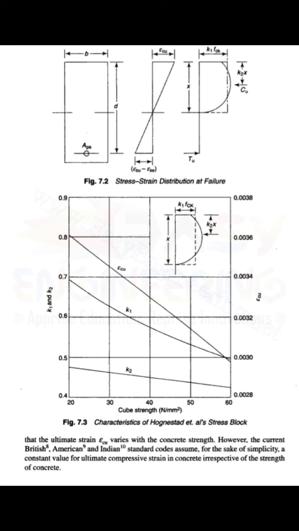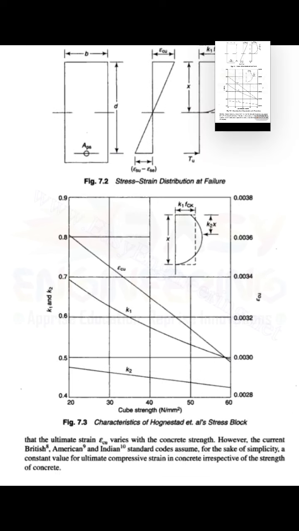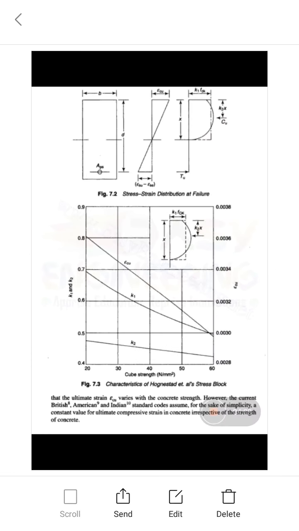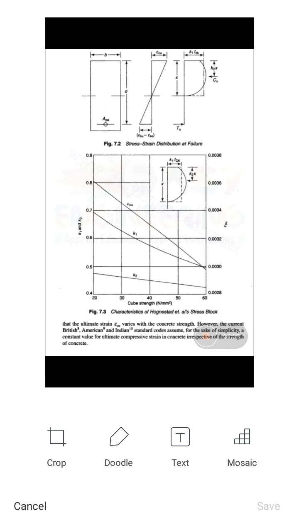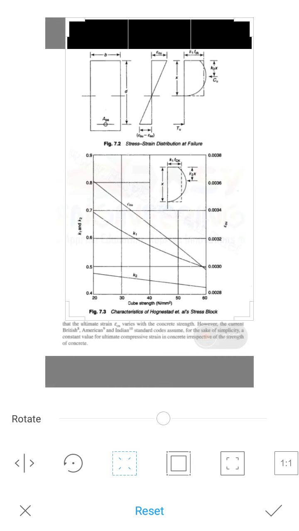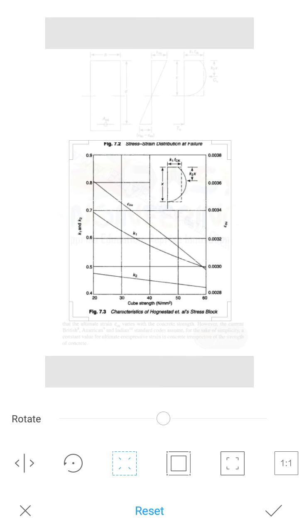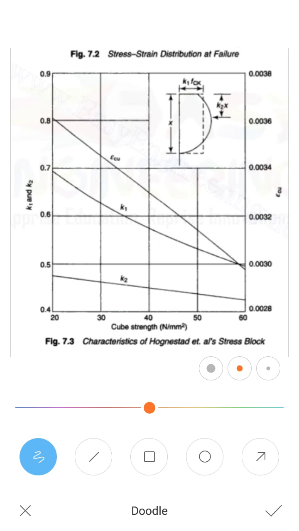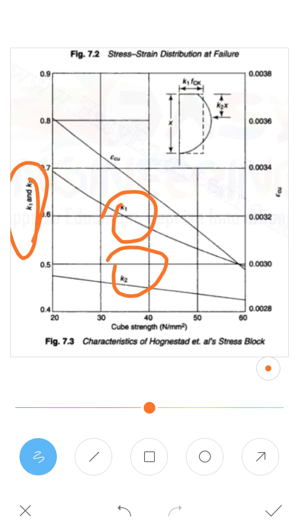In this graph of characteristics, it is very important to take the values of K1 and K2, where the x-axis is the cube strength of the concrete.